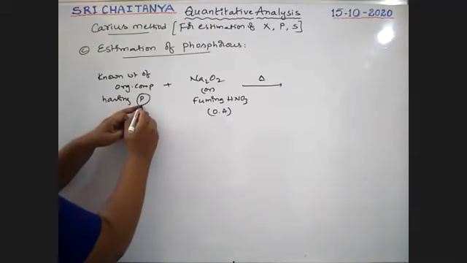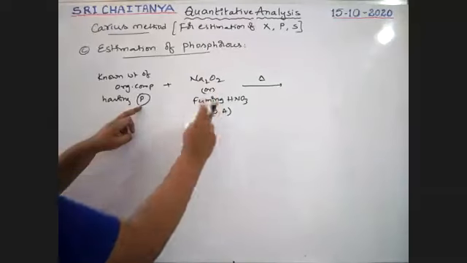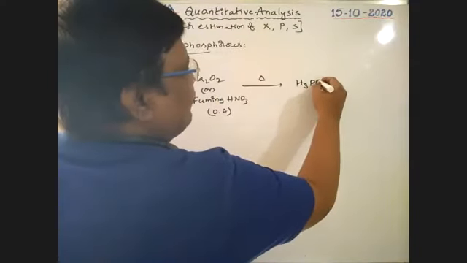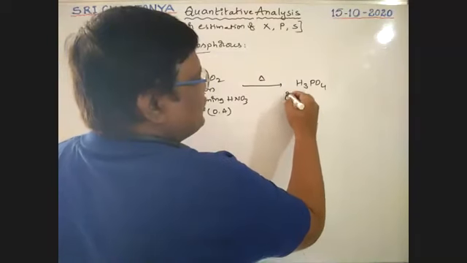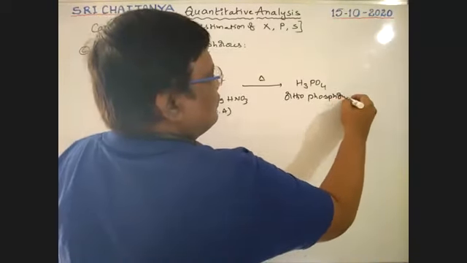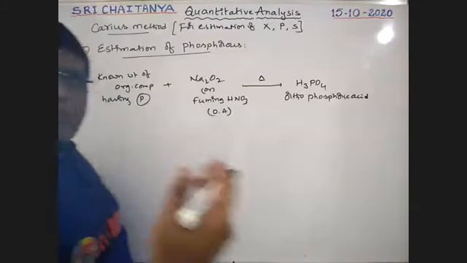The total phosphorus present in this organic compound, with the help of this HNO3 or Na2O2 oxidizing agent, is completely converted into H3PO4, that means orthophosphoric acid or phosphoric acid, boys.